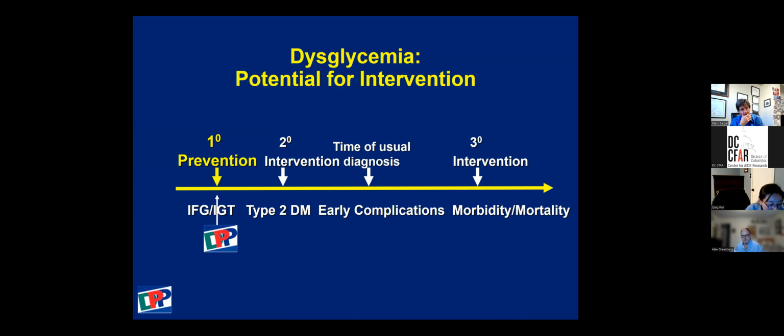So the common diagnosis of diabetes occurs when people have early complications, when they notice some symptoms. But clinically, in fact, it's a little too late. The optimal window for prevention is gone. So what we target, in fact, is as early as possible, when there is impaired glucose tolerance.